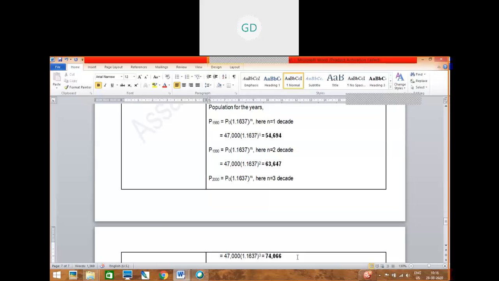Finish, everyone. Finish. So I will go to the last one, the incremental increase method.